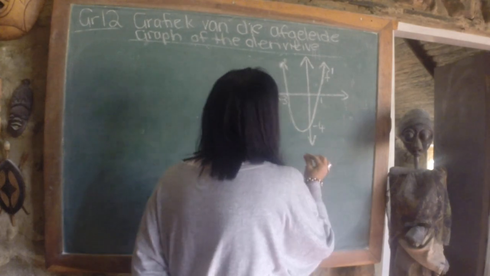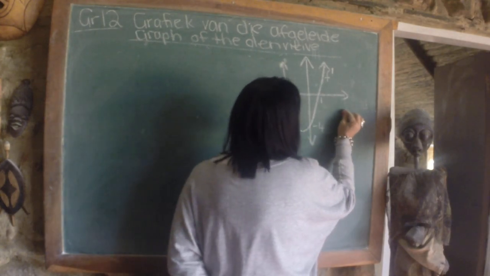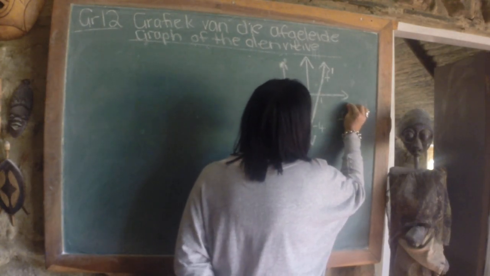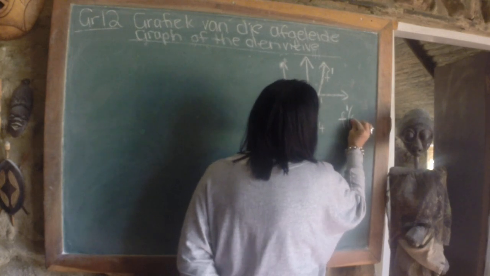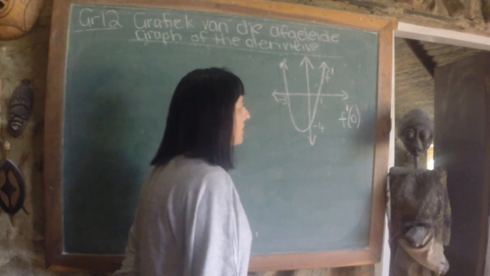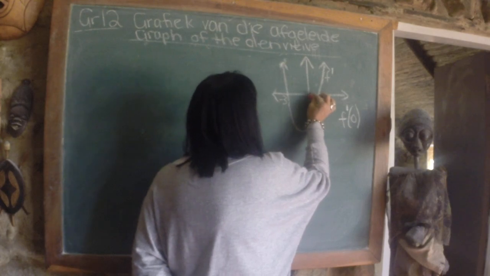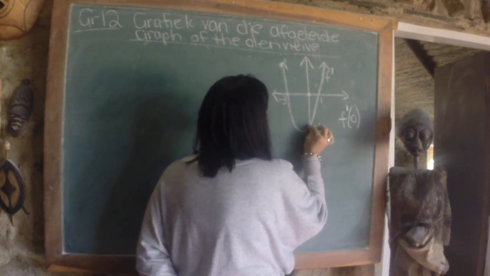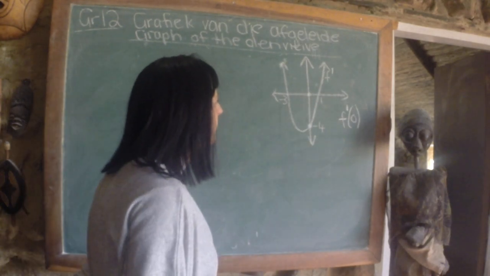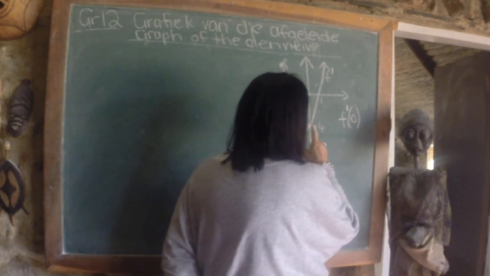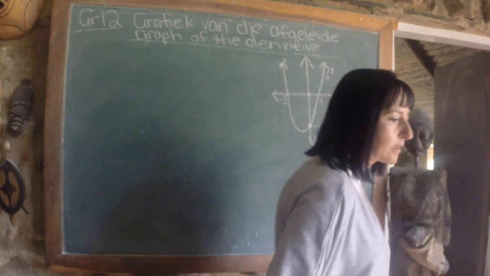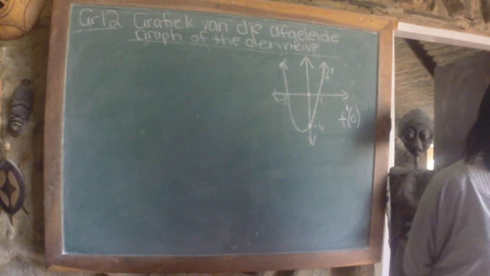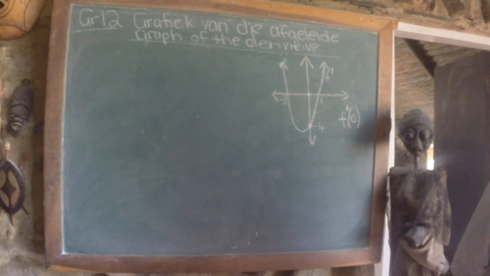So as hulle nou die gradiënt vra van f, dan sit die afgeleide by 0. So if you go to x equals 0, then the gradient is going to be the y value. So the answer is 4. Die gradiënt waar x gelyk is aan 0 is 4.